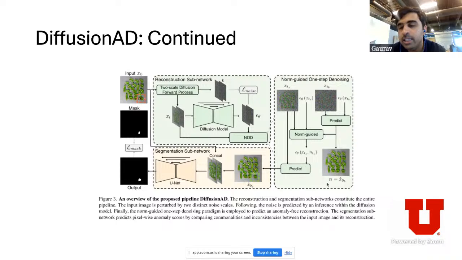Yes, so I think that's another point which they made: once they had a normal reconstruction obtained from the time step TB, that is XTB, the noised image, then we have a normal appearance, or a normality restored image, at this time step, which is X naught hat B or N. But then the authors say that they want to further noise it before putting it as a condition into the noise prediction process, so that the two images have similar contents of noise and only the relative contents are being compared.